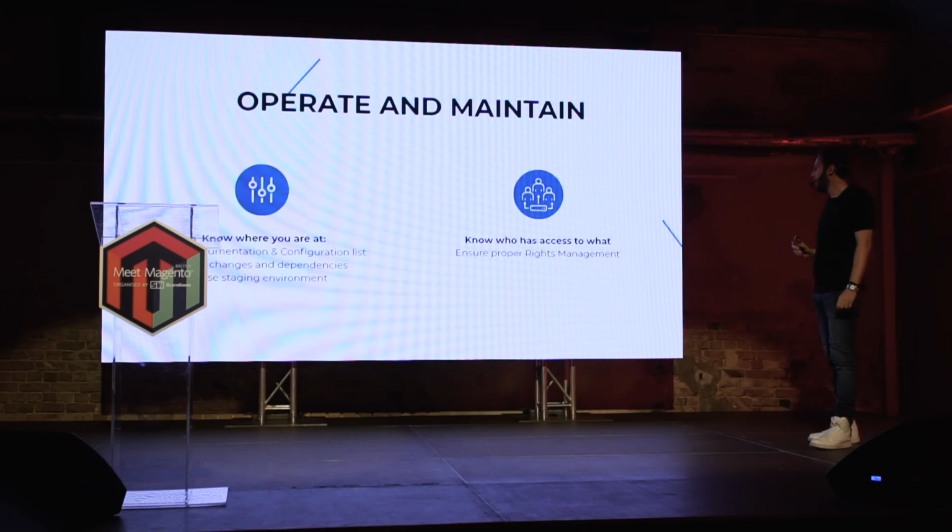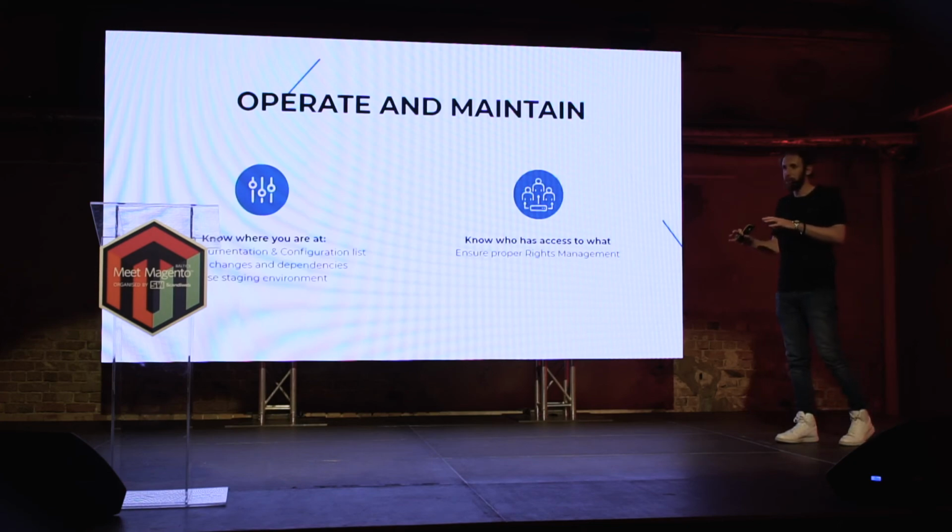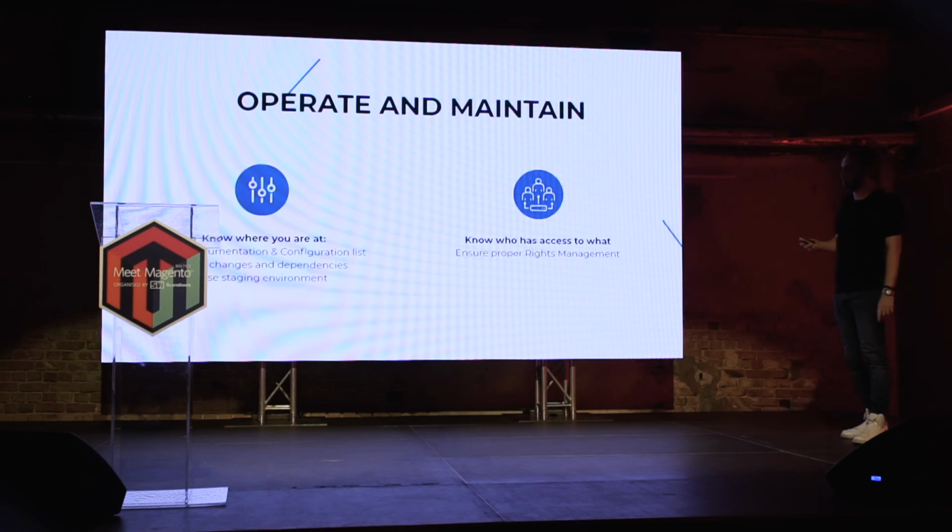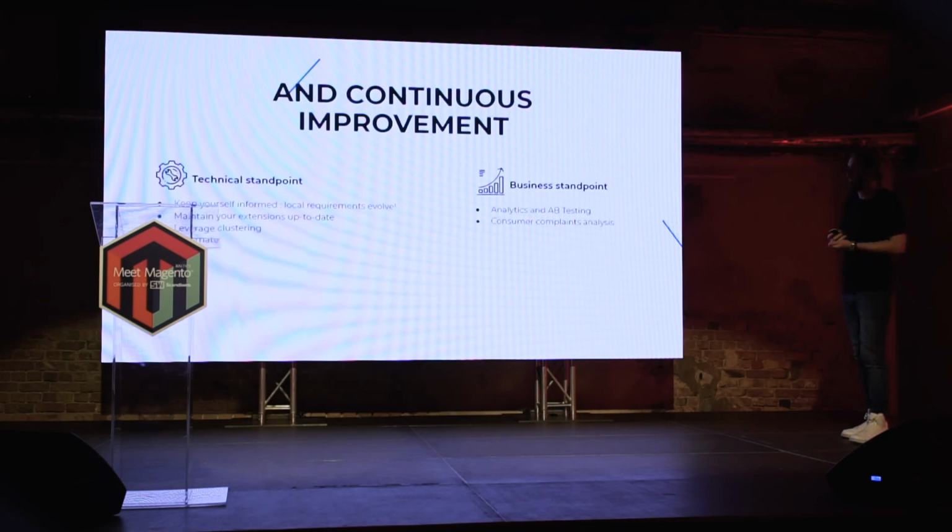And also know who has access to what, so ensure proper rights management. As I said, especially if you have instances with several countries, several websites, be sure that you have proper rights management to avoid people changing configurations that could affect other parts or other websites.